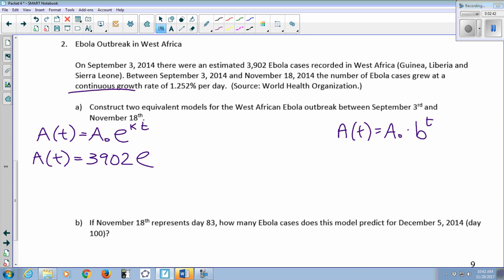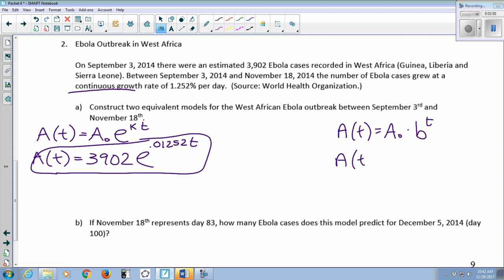I'm going to put that in as a decimal for k. So that would be 0.01252 t. So there's one model. And then in my other model, a naught is the same. So A of t equals 3,902.